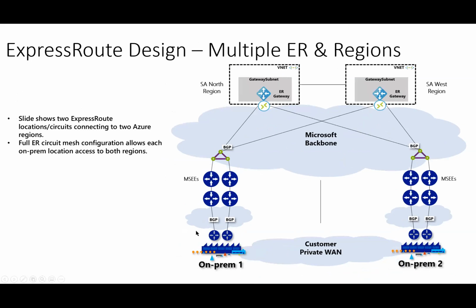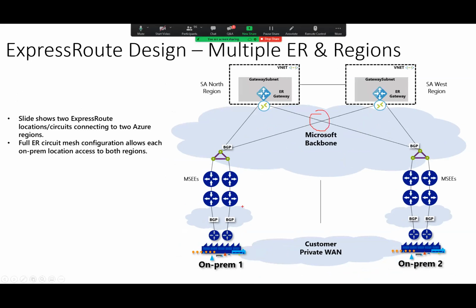Not a good one. Then this comes in. You've got what we call the bow tie. You have a circuit in SA North, service in SA North, service in SA West. You're peering between them. So that's one form of redundancy, or HA. You have a gateway in both, and then you run 2 ExpressRoute circuits, one there with a main connection into Joburg, and a second circuit, the main connection into Cape Town.